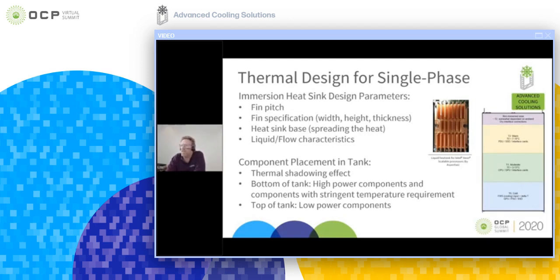That means that highest powered components or components with very stringent temperature requirements should be placed deeper into the liquid and therefore more towards the rear of the chassis. Whereas high temperature tolerance components or components with only minimal thermal properties are usually safe to place in the upper side of a chassis, more towards the front.